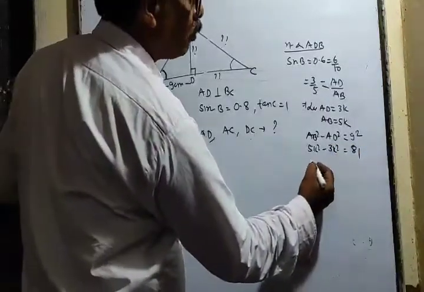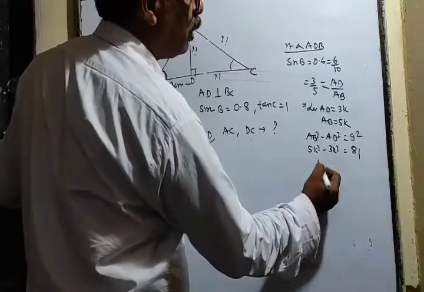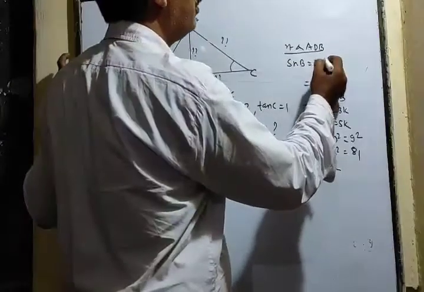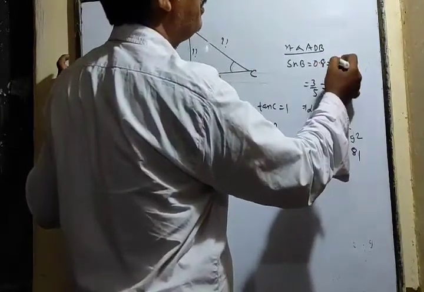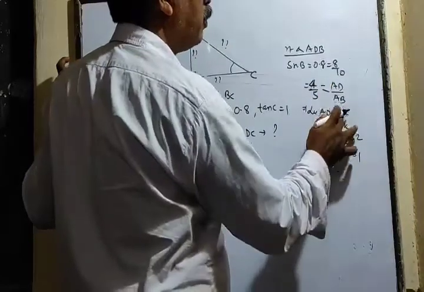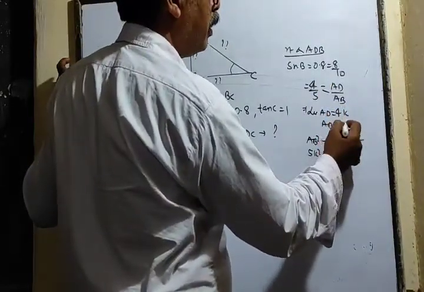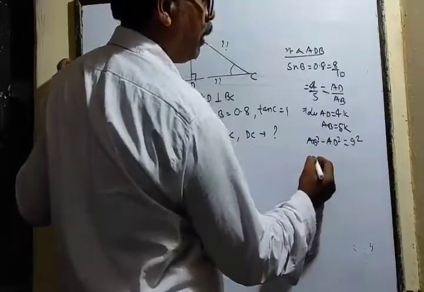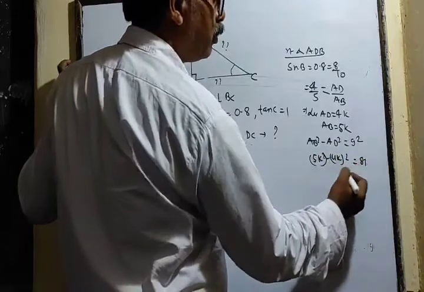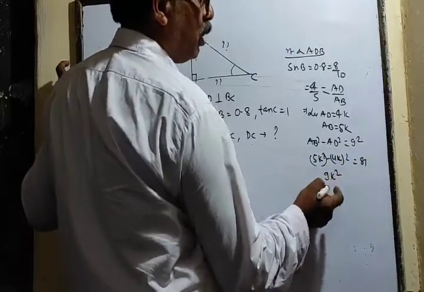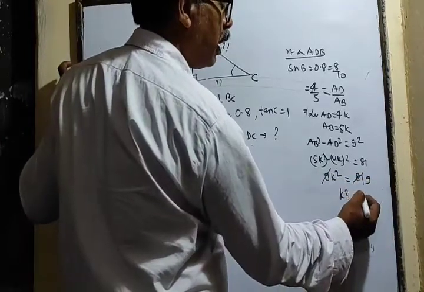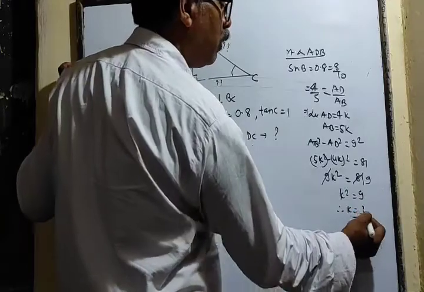Your 5K square is 25. It is 16K square. Sorry, this is given 8, 0.8. So we'll correct it to 8 by 10. So it will come out as 4 by 5. And this is 4K. This is 5K. So it will be 5K square minus 4K square. And that is equal to 81. So it will come out as 9K square. That is equal to 81. So 9 9 is 81. K square will come out as 9. Hence K will take positive value only, 3.